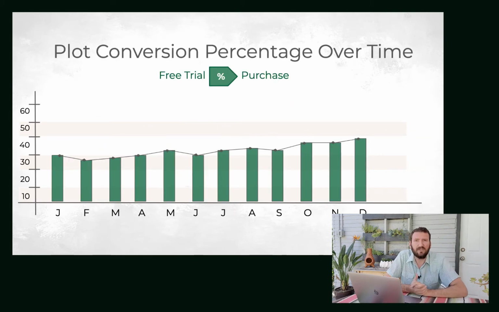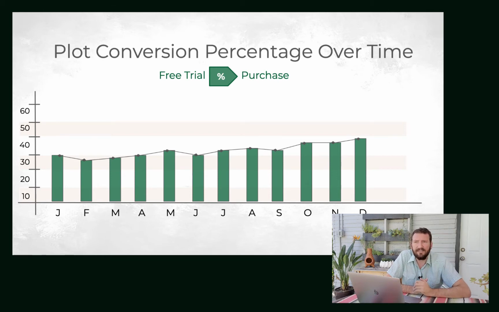My recommendation is to plot those on a bar chart or a line chart so that you can see for each transition point, each gap between milestones, is it consistent? And what percent of people are converting here? So this is the percentage of people moving from free trial to purchase over time. You can see it's roughly 30%, but it is trending upwards.